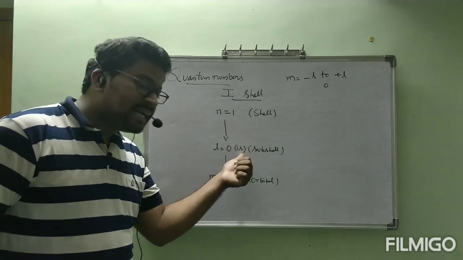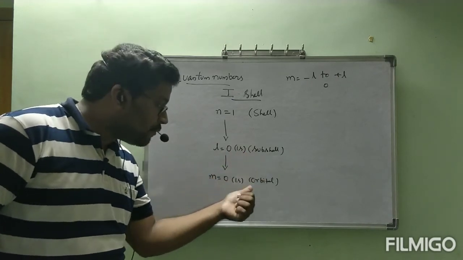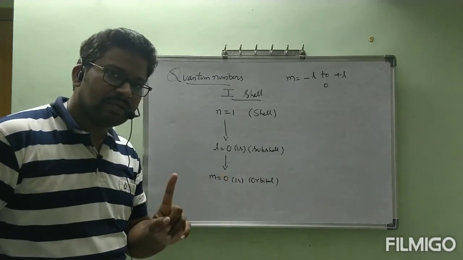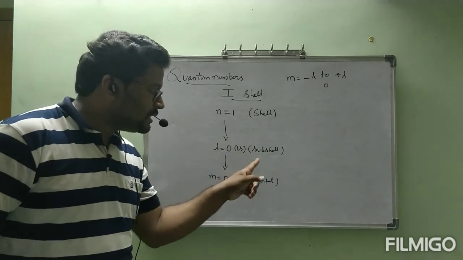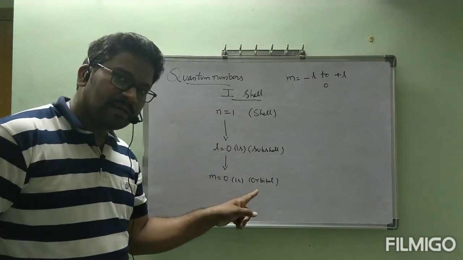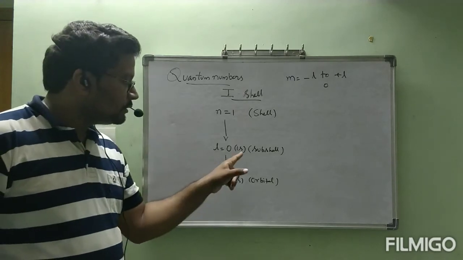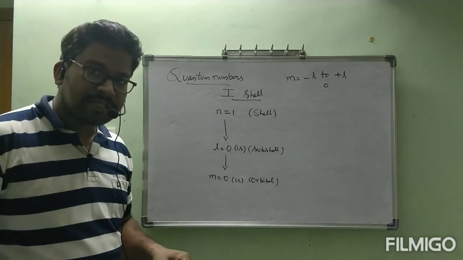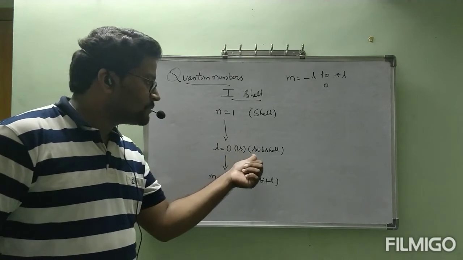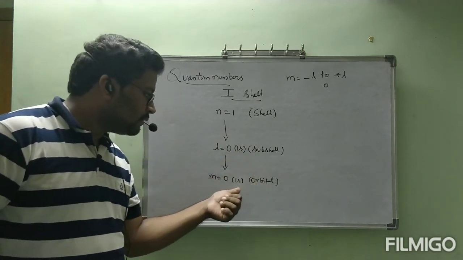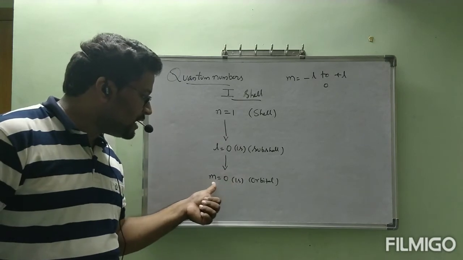Now this 1s subshell has one orbital. Any s subshell has only one orbital. The 1s subshell has one orbital with m value 0. Are you able to understand? The 1s subshell has only one orbital. Its name is 1s, m value 0.